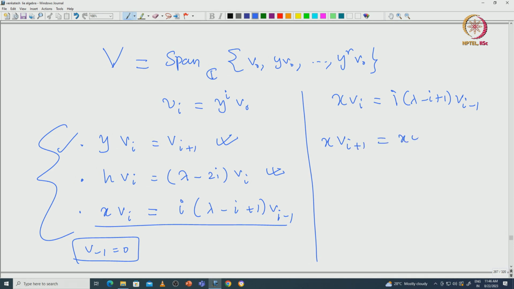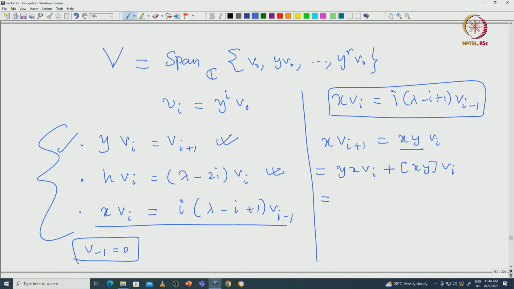That is nothing but x y v I. Then you can swap these two, so you get y x v I plus the bracket x y v I. Then y x v I becomes, because you can use this formula, I times lambda minus I plus 1 y v I minus 1 plus h v I. So, y v I minus 1 is nothing but v I. This gives me I times lambda minus I plus 1 plus h v I, which will be lambda minus 2 I times v I.